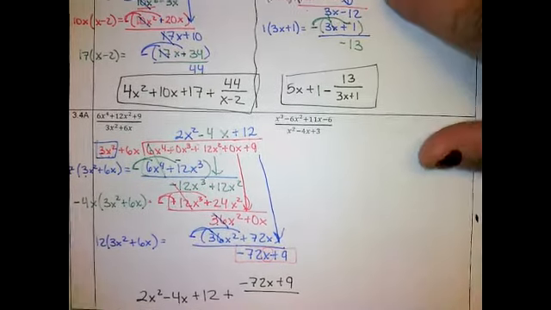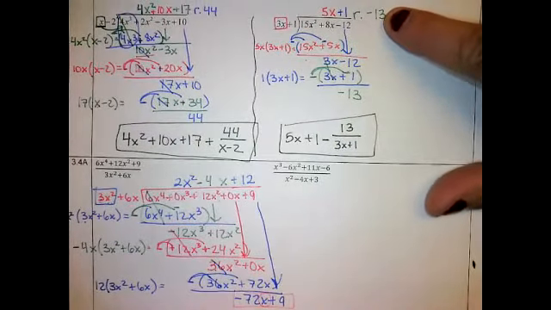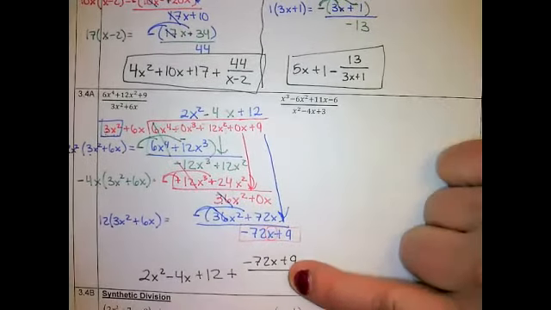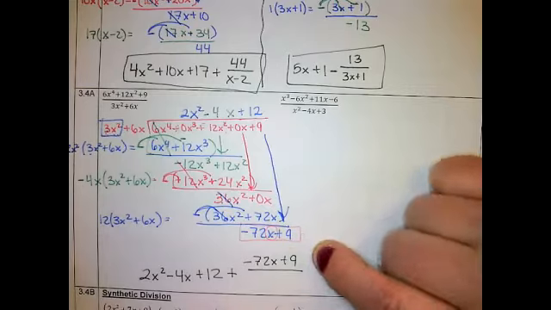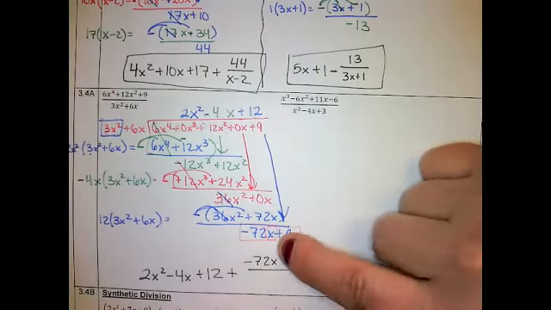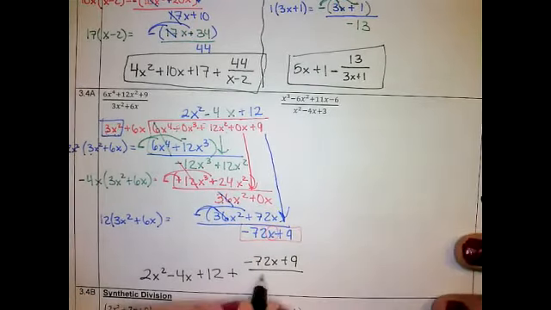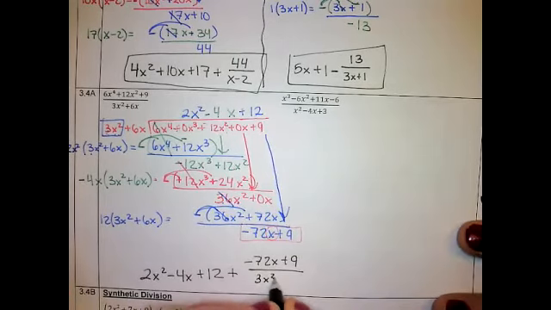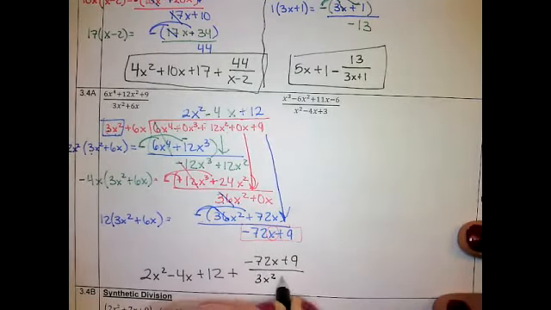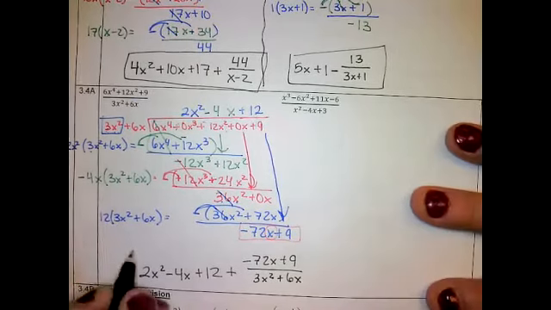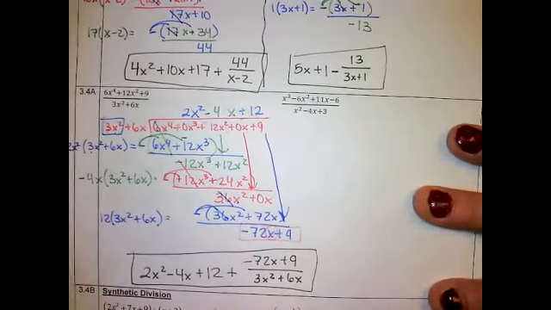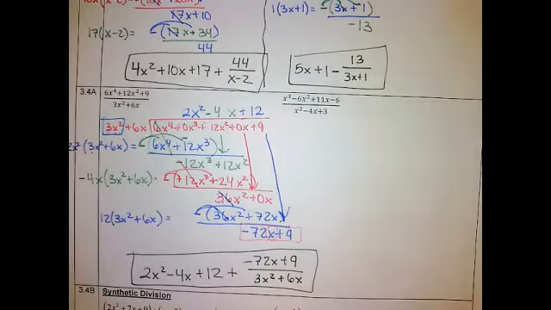Up here I did a minus, and that's because it was only one number, but here, because it's multiple numbers, I need to make sure that I do a plus and then my signs. Otherwise, that negative sign would distribute to everything. And it's over my 3x squared plus 6x. So that is my answer on that problem.